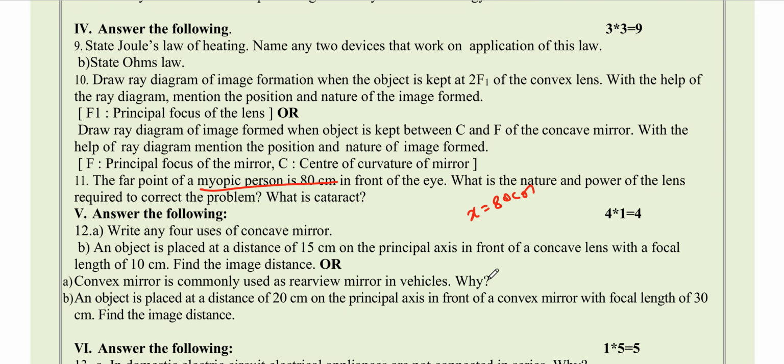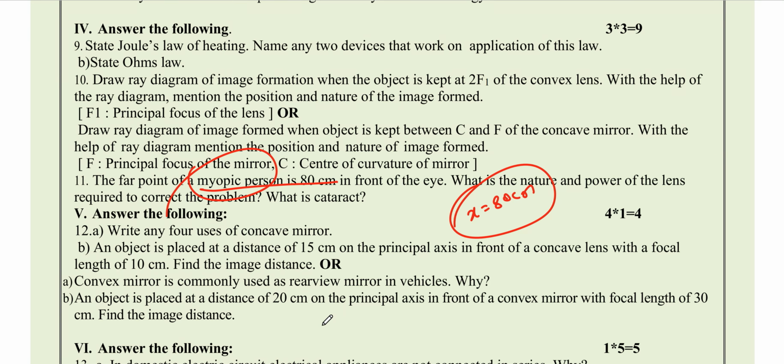In front of the eye, what is the nature? Which way is this? A myopic person is nothing but someone who can see distant objects clearly.